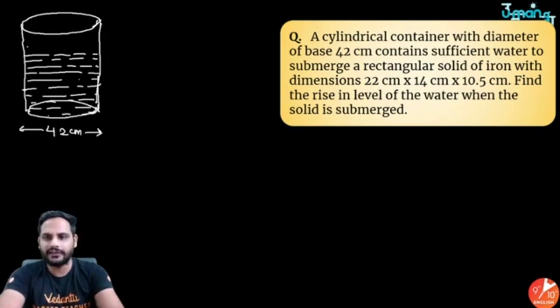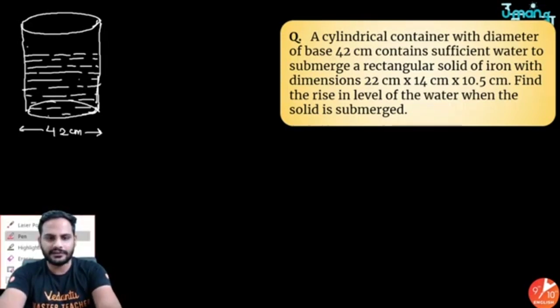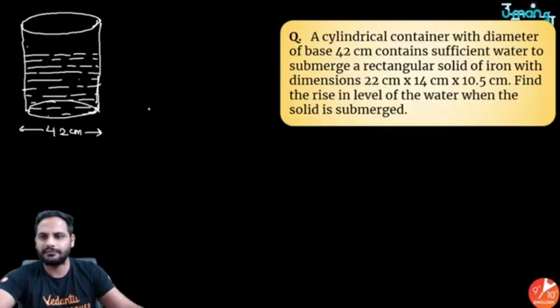What happened is, you have taken this box and you have dropped this box inside the cylinder. Now think of it in this way: earlier, if I had not dropped the box, the water level would be whatever place I have shown you now.